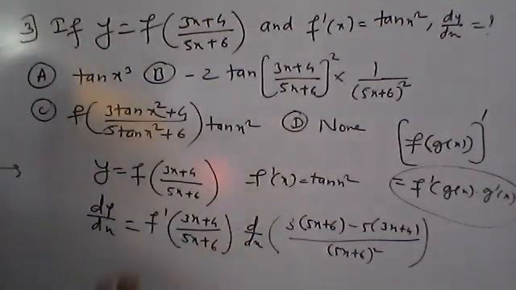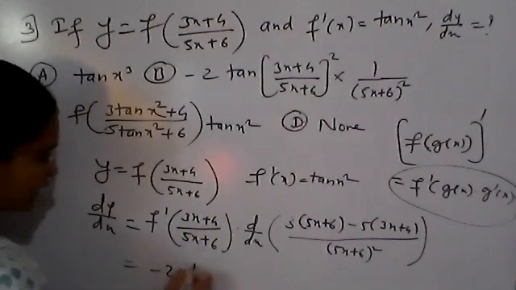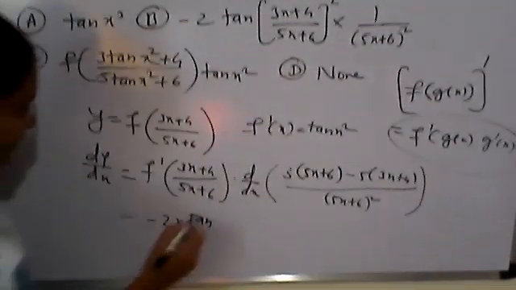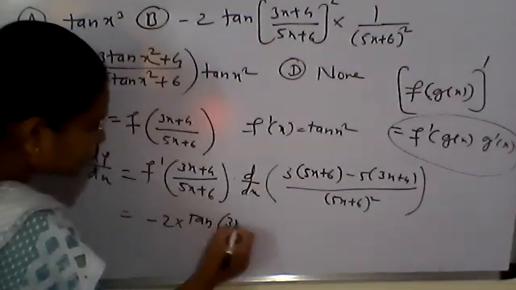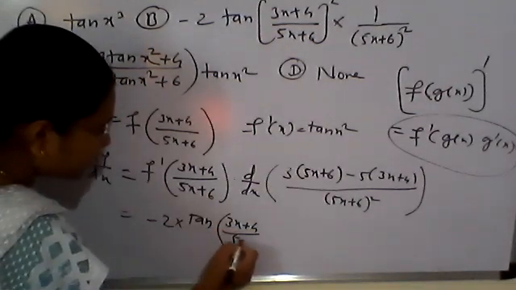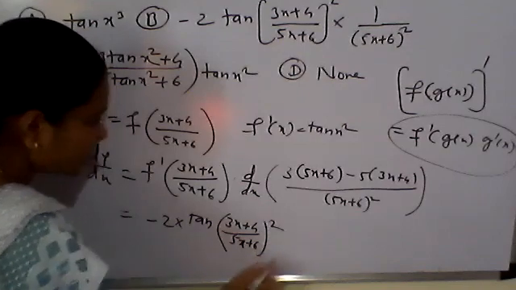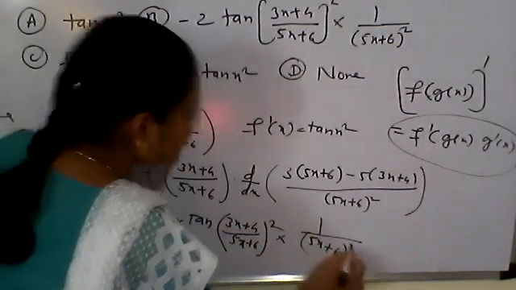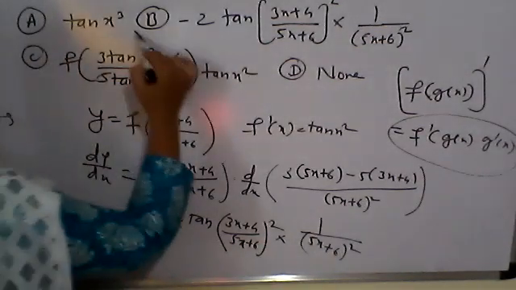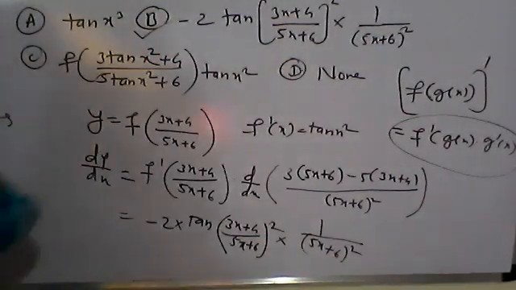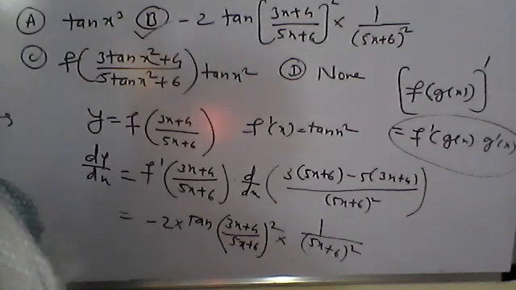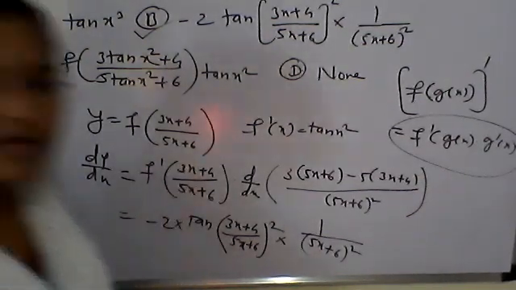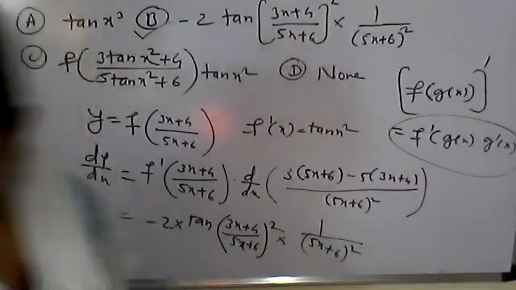So we can write minus 2 into tan of ((3x plus 4) upon (5x plus 6)) square, into 1 upon (5x plus 6) square. Now which option is there? Option number 2, that is B. Any doubt with all these questions? No, ma'am.